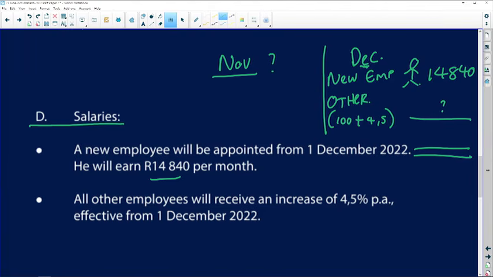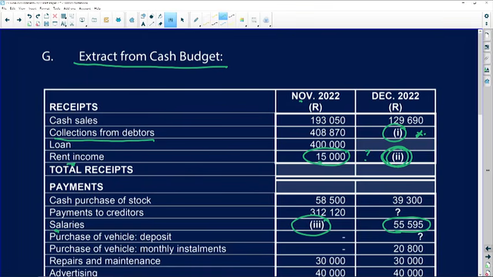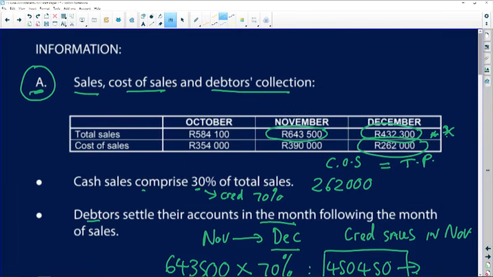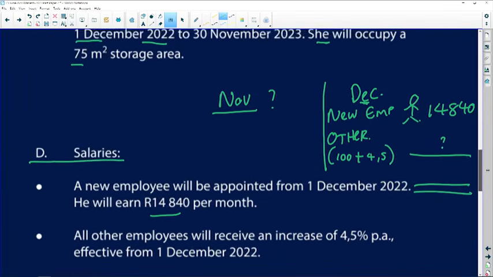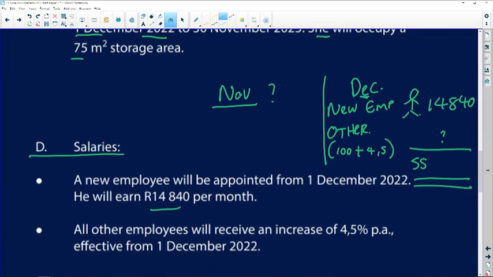Let's do that first. Right, so let's go back to our table. Right, our salaries, there we go. So the total earned in December, 55,595. Just want to take that amount through. Okay, so we've got an amount of 55,595.